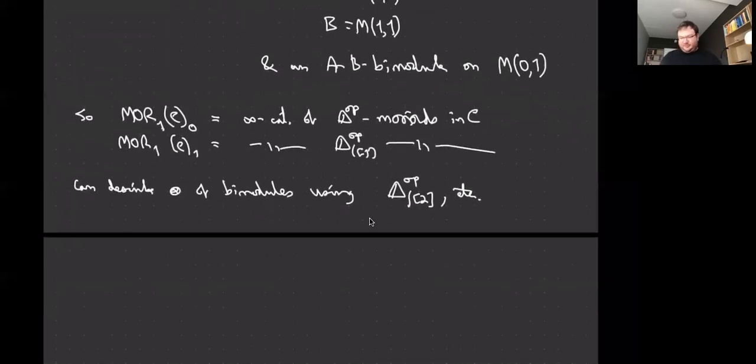I won't say anything more about the details, but this is one approach to defining this double infinity category.